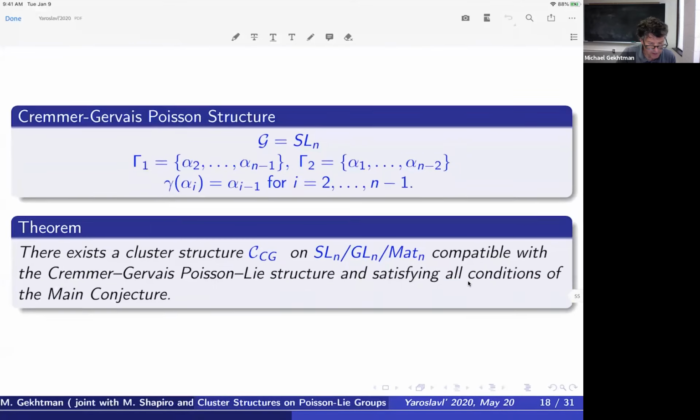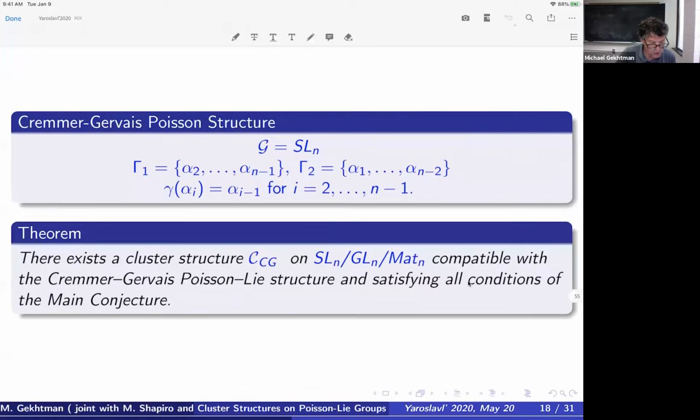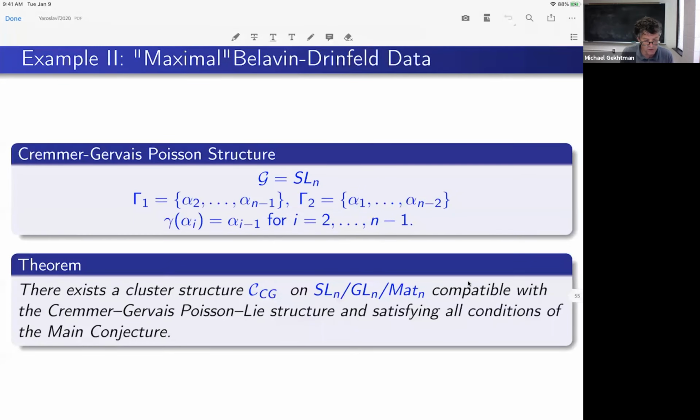All right. And this leads to what's called a Kramer-Gervais Poisson structure on GLN or SLN, if you wish. The claim is that there exists a cluster structure, which you can extend from SLN to GLN and then to just n by n matrices, which is compatible with this strange Poisson-Lie structure.